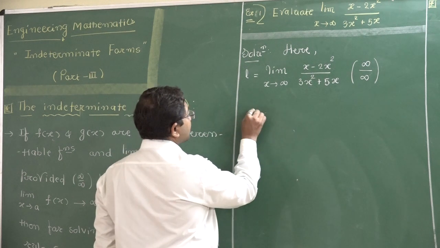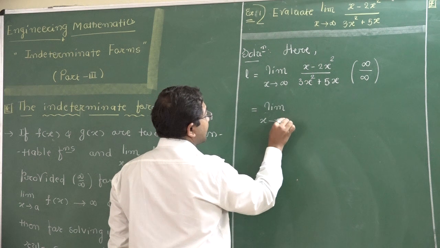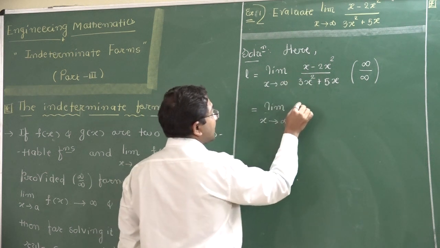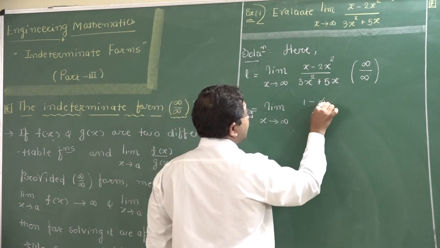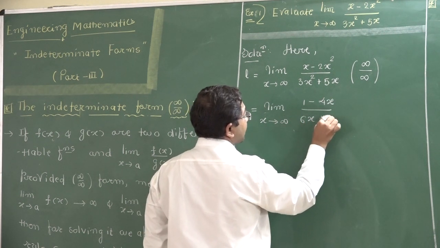So it is equal to limit x tends to infinity, the differentiation of the numerator is 1 minus 4x, and the denominator is 6x plus 5.